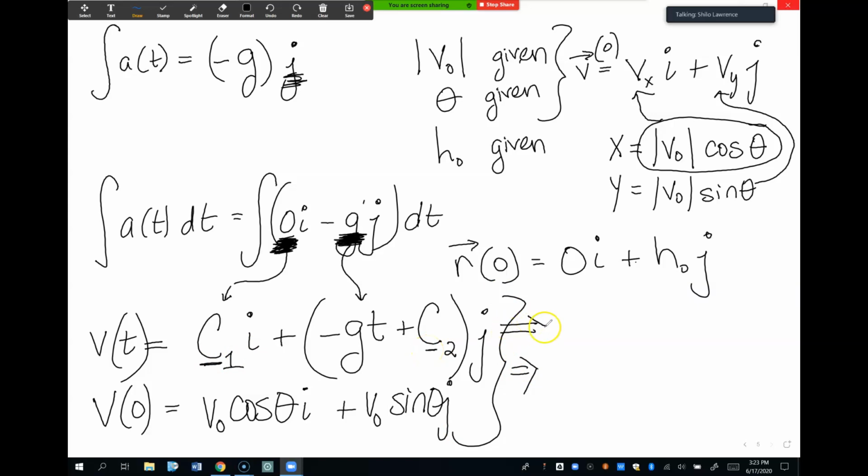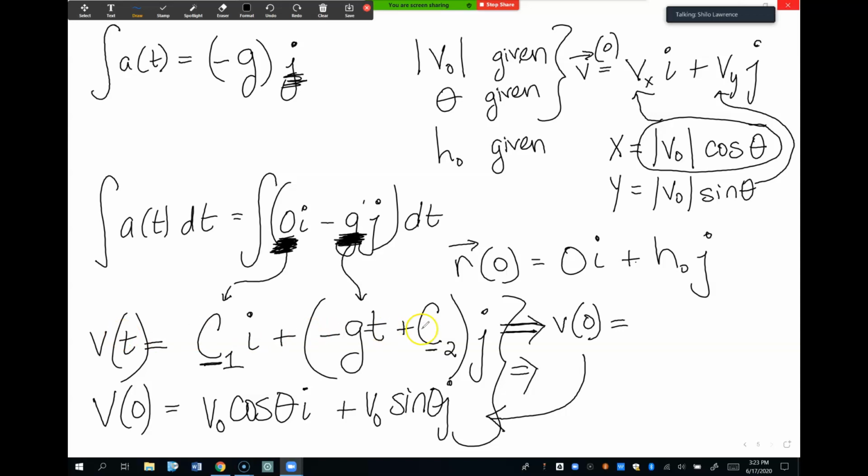Right now, I have a preliminary idea of what I think my velocity function looks like. I also know what my velocity function should look like at 0. So I'm going to plug 0 into my antiderivative, and I can then set it equal to this guy because they both represent v of 0.